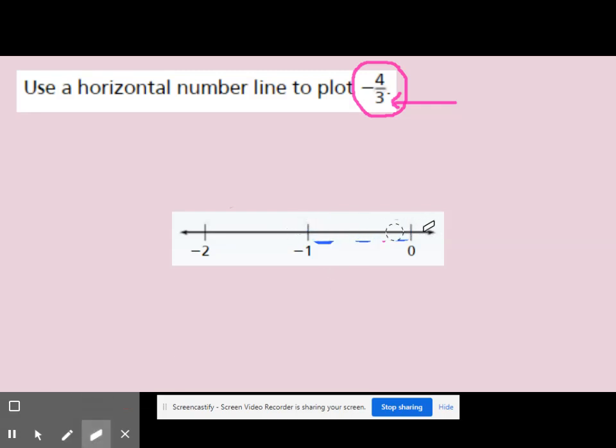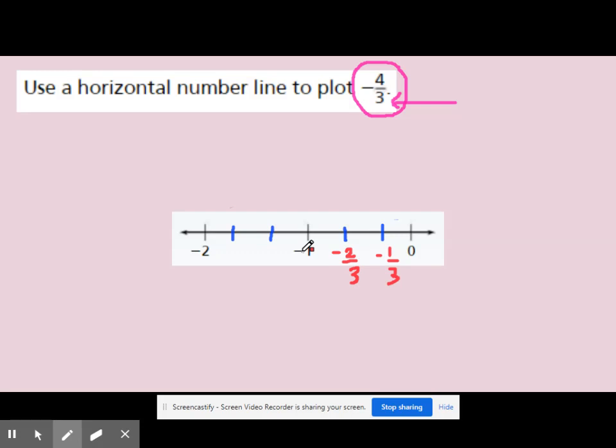Okay, so I want to divide the number line into thirds. So I'm going to have one here and one here, one here and one here. And I'm going to go back and label these. So this is -1/3. This is -2/3. This is -1 whole, because it's -3/3.